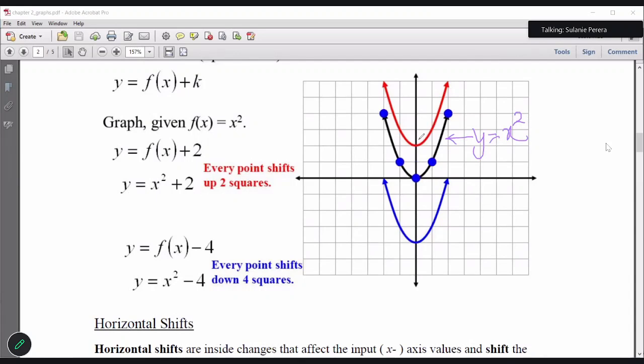You have to move 2 units up. So this is y equals x squared plus 2 units up. And this is y equals x squared minus 4, 1, 2, 3, 4. So if you have minus, you move down. If it is plus, you move up.